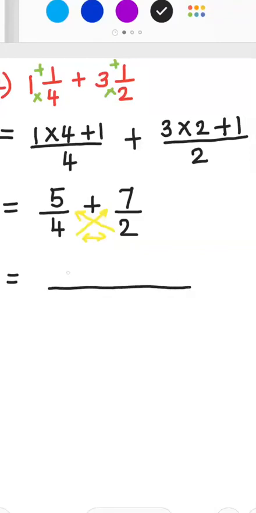So the first thing will be 5 multiplied by the denominator from the other fraction, that is 2. Put the addition sign, then the numerator multiplied by the denominator, that is 4.